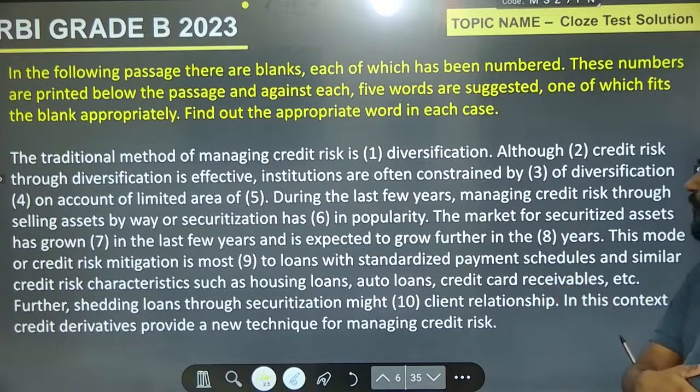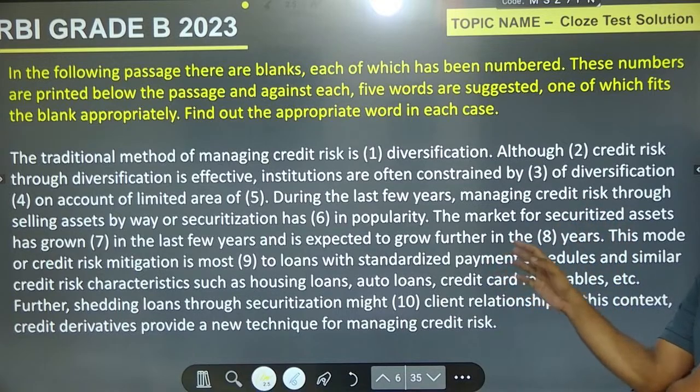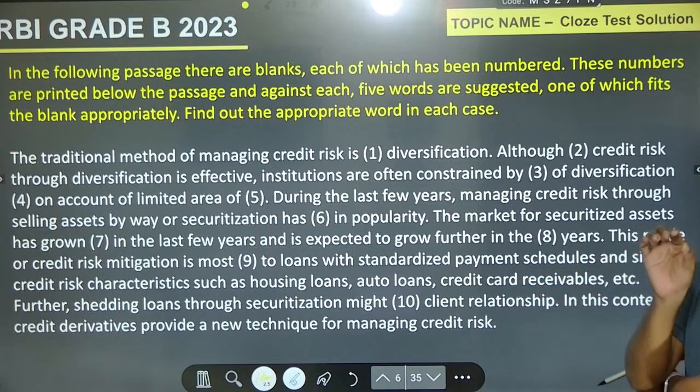Find out the appropriate word in each one. Please go for it. You can go for skimming also, if you don't know the meaning of the word. I have already told you what skimming means.